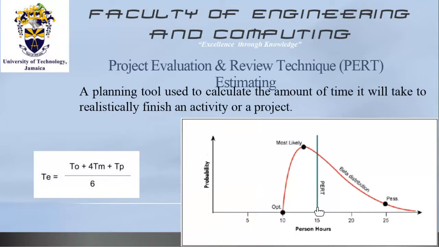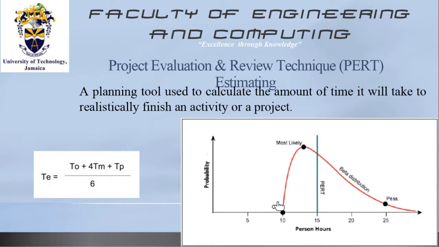All right. Now, what is PERT? PERT is an acronym. It's the Project Evaluation and Review Technique that was developed by the US military to aid in their project management. So it's a planning tool that is used to calculate the amount of time, with some amount of accuracy, that it will take to realistically finish an activity or a product.